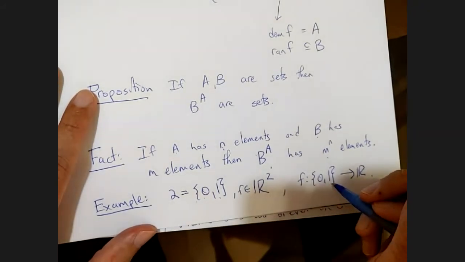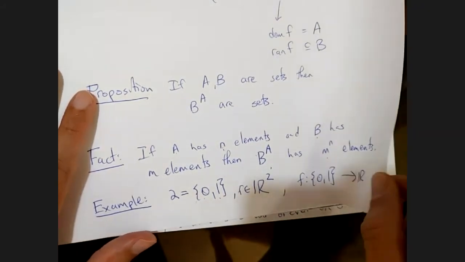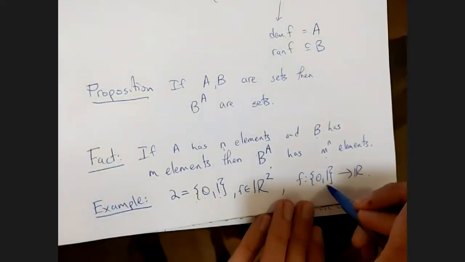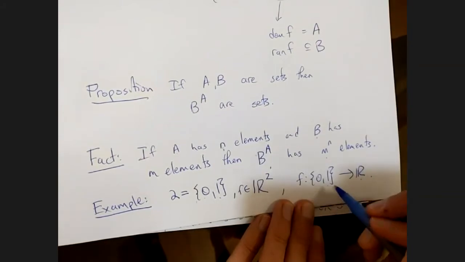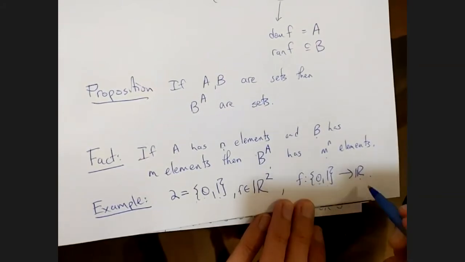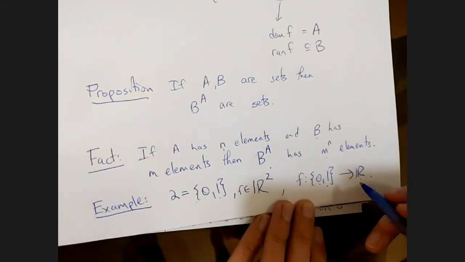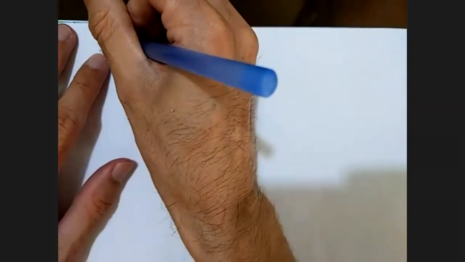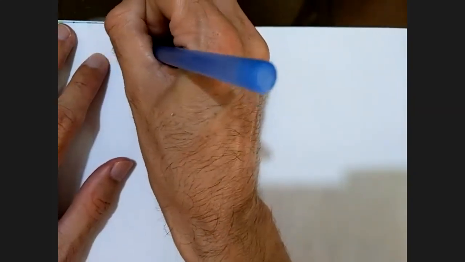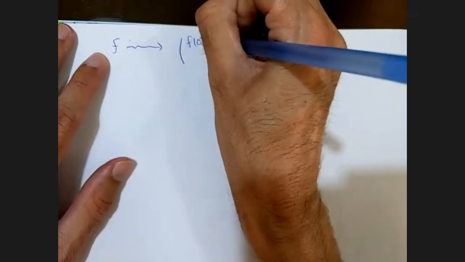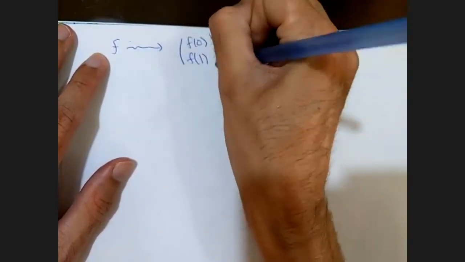You can see that a function from 0, 1 to R is basically a choice of one real number for f of 0 and another real number for f of 1. We can put those two choices in a vector. We associate f with the vector f of 0, f of 1.